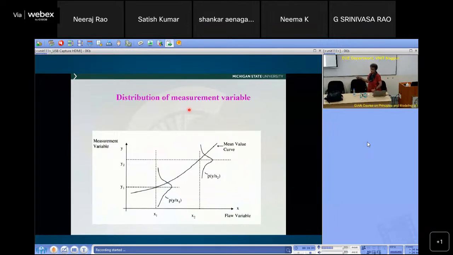So x1 is, say, the defect depth, or defect size in some fashion, and this is the peak signal. You'll never get the same value every time you do it. You do it 100 times, you'll have some kind of a Gaussian distribution, where this is the mean, and it'll have some kind of variability. And these variabilities about the mean are because of all the things that we described in the previous slide.